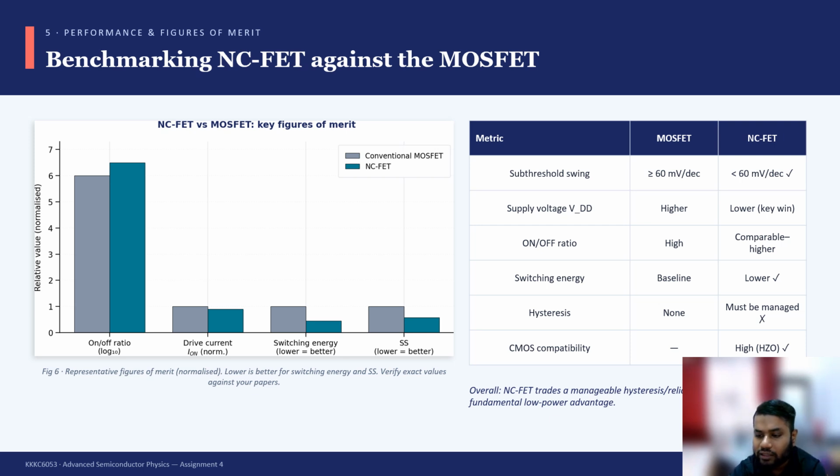On the cost side, there's one honest negative: hysteresis, and the associated reliability and endurance concerns must be actively managed, whereas the MOSFET has none. So the overall story, which both papers agree on, is a clear engineering trade. You accept a manageable ferroelectric reliability challenge in exchange for a fundamental physics-level power advantage. So next slide.